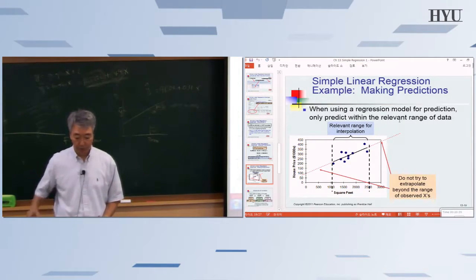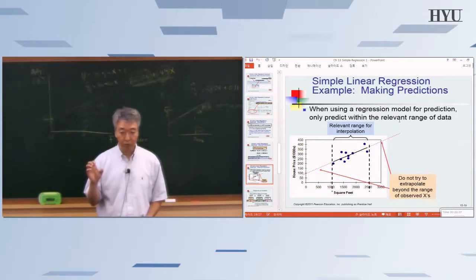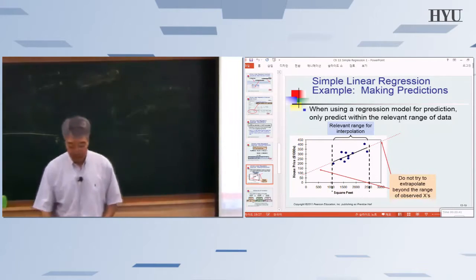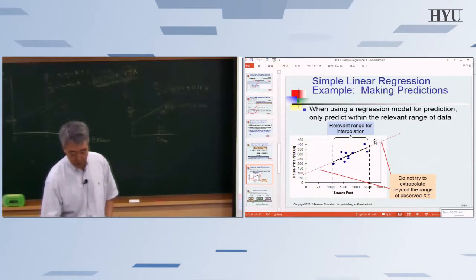So your estimation will be valid within that range. Outside the range, try not to extrapolate the information, because we have no idea what's happening outside this range. The actual regression may go up this way or go down this way.